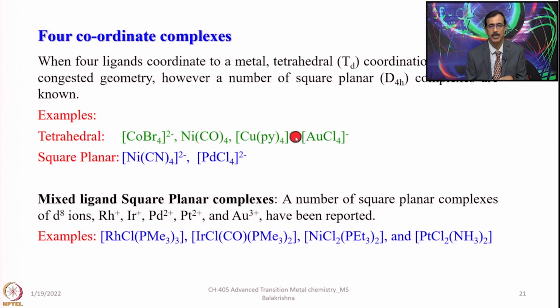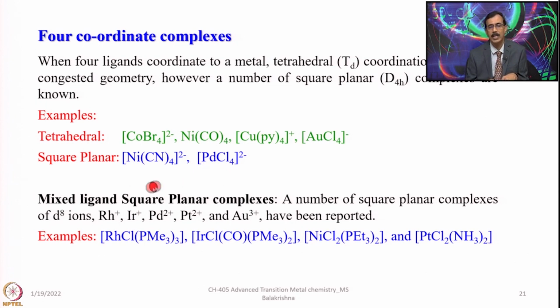In all these cases, the respective metals are in a tetrahedral environment, and for square planar geometry, tetracyanonickelate and tetrachloropalladate are examples. We have plenty of examples; only representative examples I have shown here. These are all homoleptic complexes. We also come across mixed ligand complexes where you can have tetrahedral as well as square planar geometries.